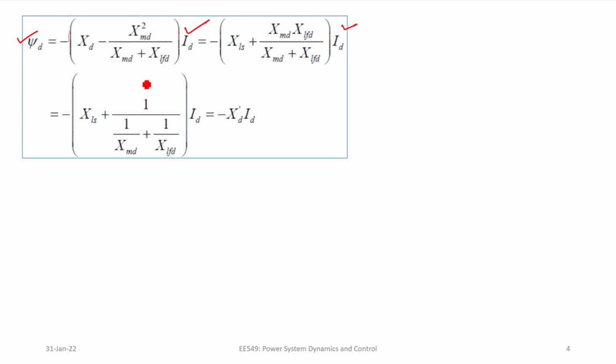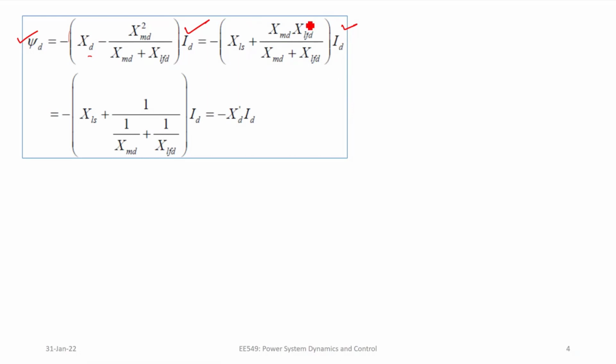Again, substituting xd equal to xls plus xmd, we will substitute it here in this equation and find the equation as xls plus xmd minus xmd squared by xmd plus xlfd, wholly multiplied with id, right?